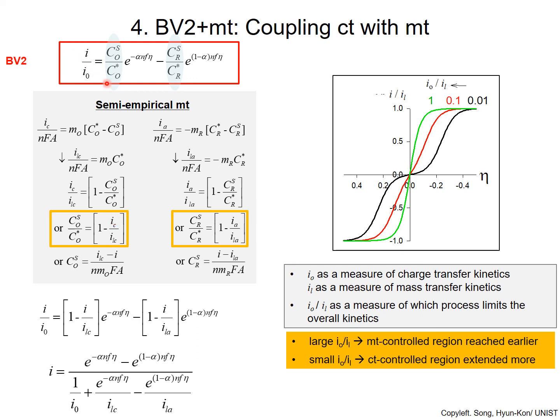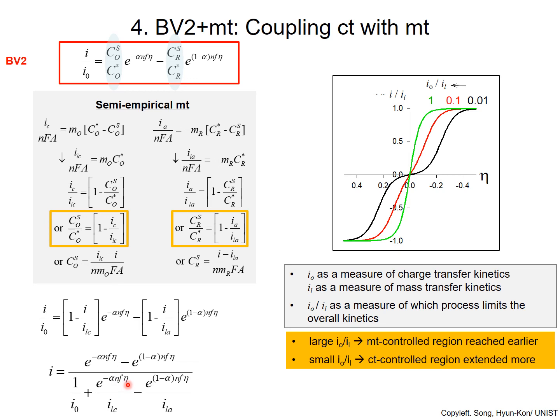So let me replace the fractional composition term in the Butler-Volmer equation version 2 by 1 minus fractional current for the cathodic process and anodic process. Then we have obtained this equation. After getting all of the current terms together on the left side of the equation, then we could describe the current as a function of the overpotential.